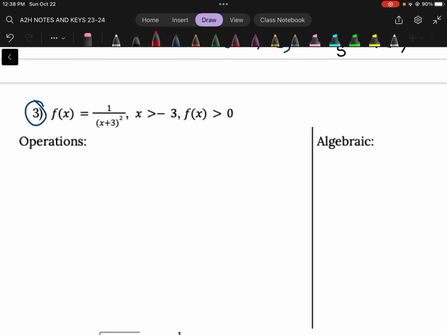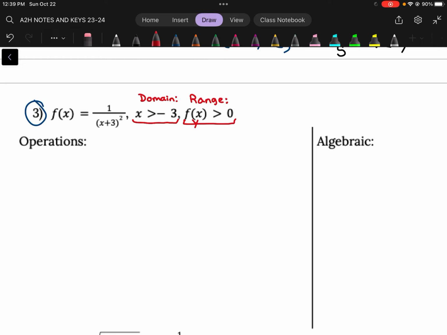Okay, this one's a little bit funny. First of all, look what's given to us. We are given these two things, and these two things are super important. x is greater than negative 3. Well, that's a restriction. It's also the domain. f of x greater than 0, well, that's like a y value.